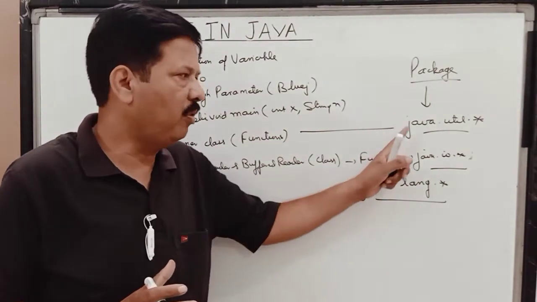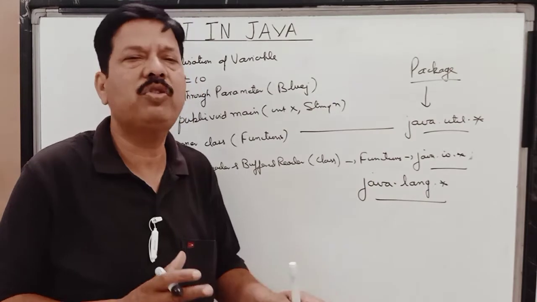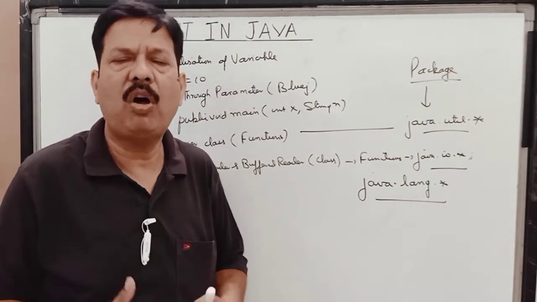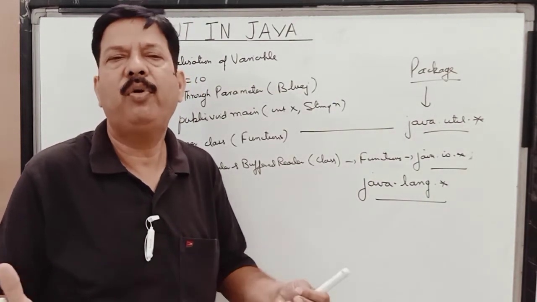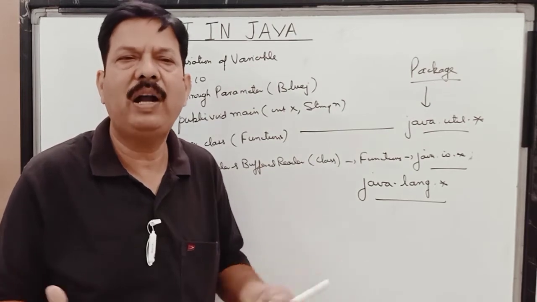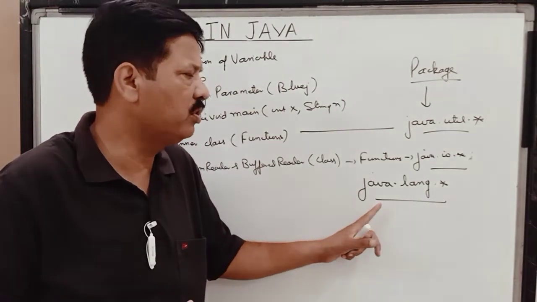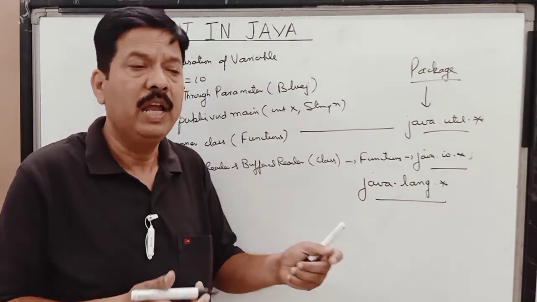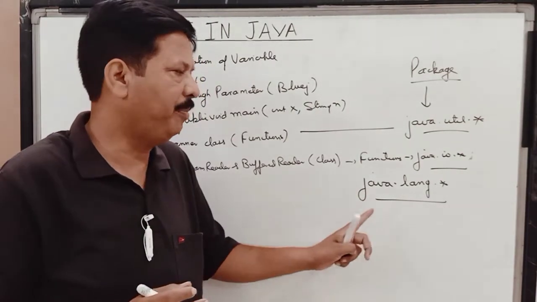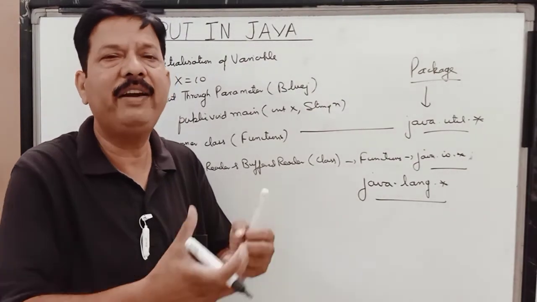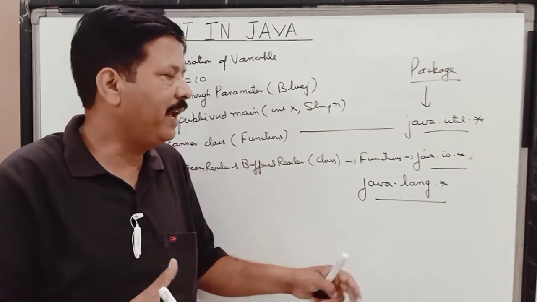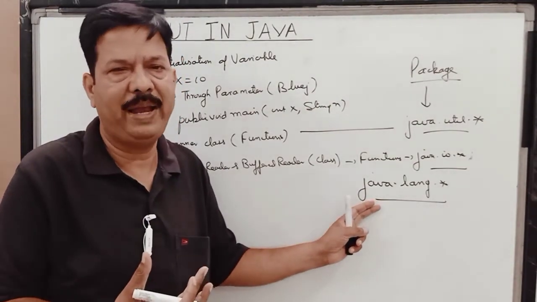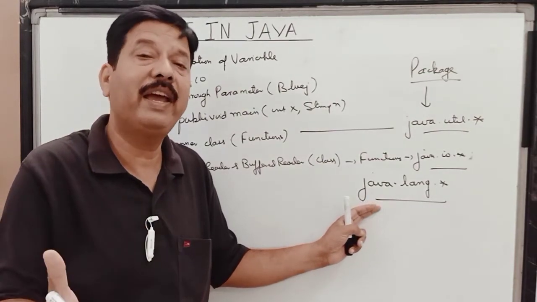Mostly they are also present in other packages, but most of the functions which we use normally in our program, like Math.pow, sqrt and many other functions, are present in this. And children, this is user friendly. The moment we write our class, this package automatically gets connected, and then we can use any class of this package, and in a class we can use a function.